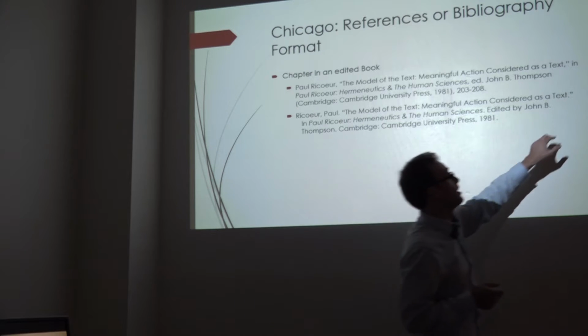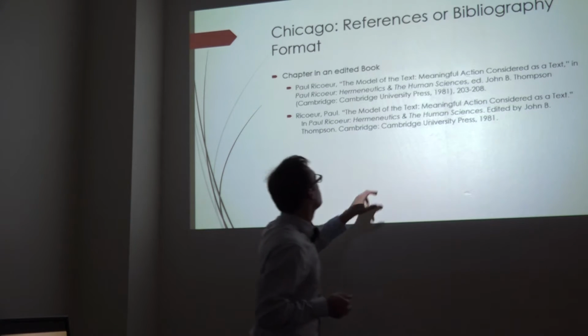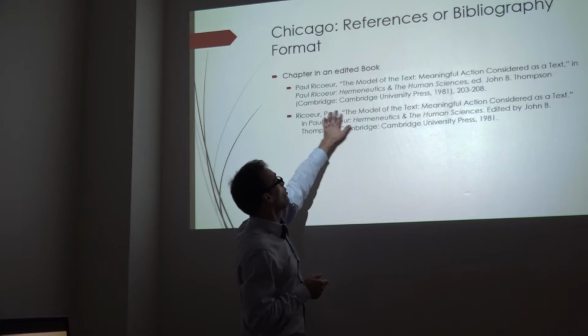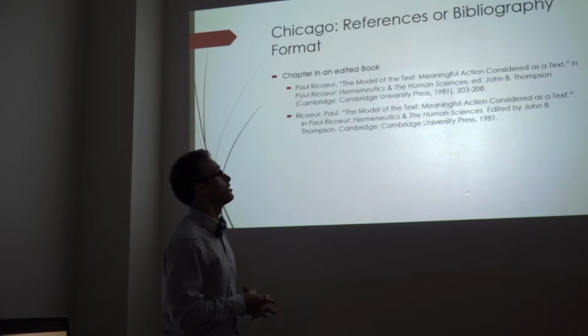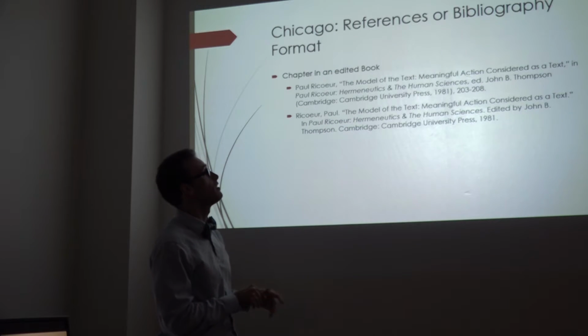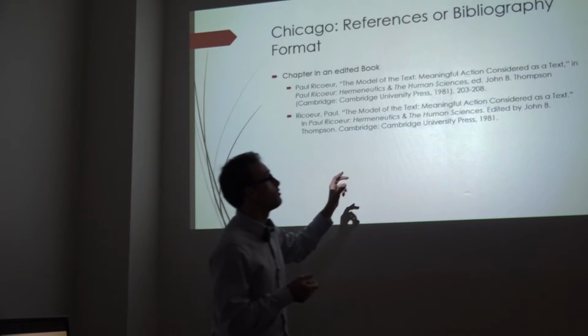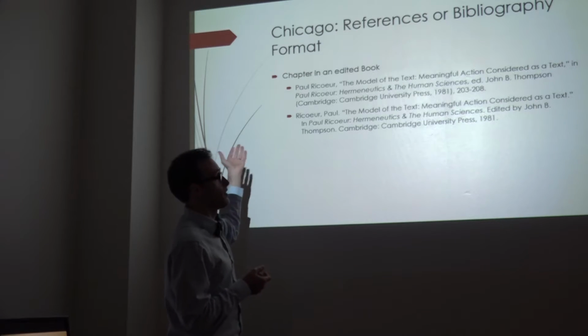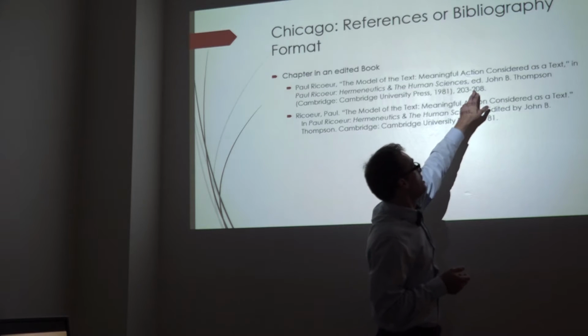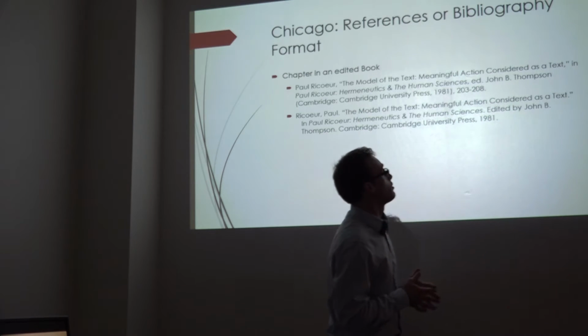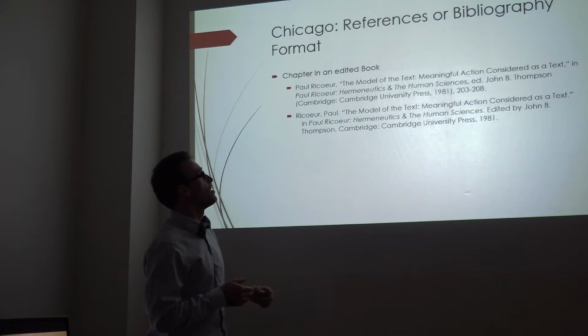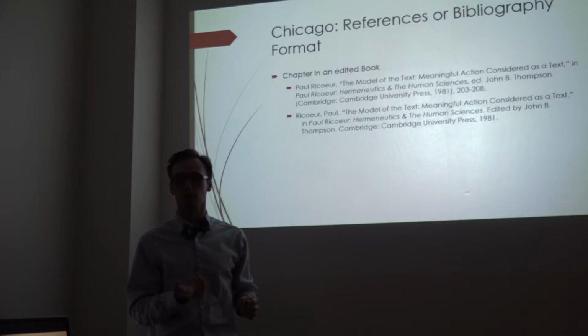Then you're telling me that it's in Paul Ricoeur, the name of the work itself, Hermeneutics and the Human Sciences, comma, if I have an editor, which if it's an edited work, it's going to have an editor, ed. dot, and then the editor, John B. Thompson, and then, like normal, the publication info.